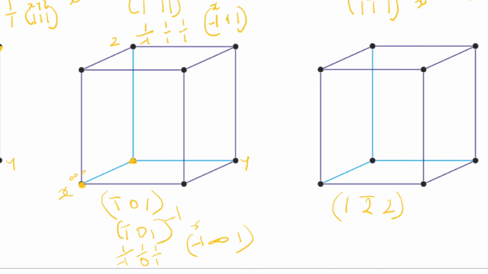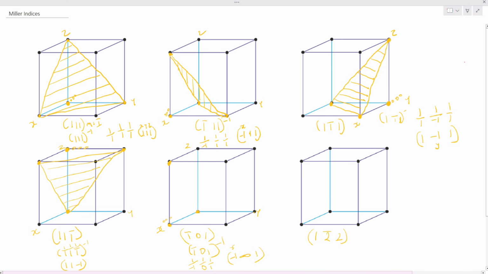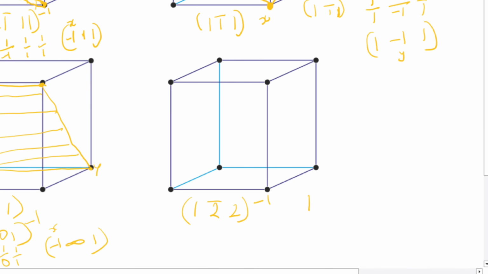Backwards for 1, then we go infinity on y, then we have z to be 1, so we go infinity towards y, which means it's parallel to this direction, and here is our square or our plane.